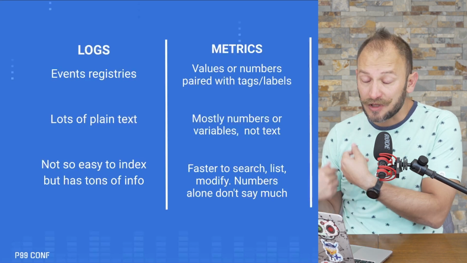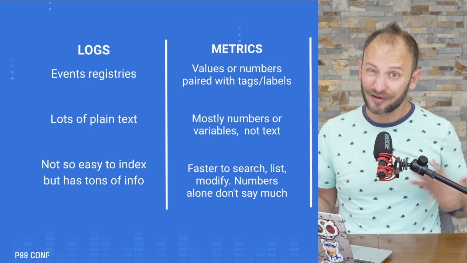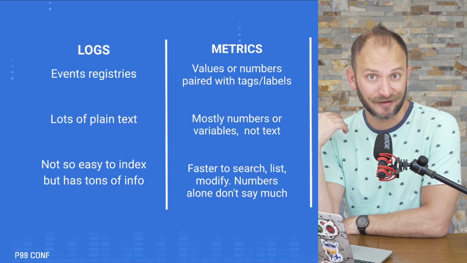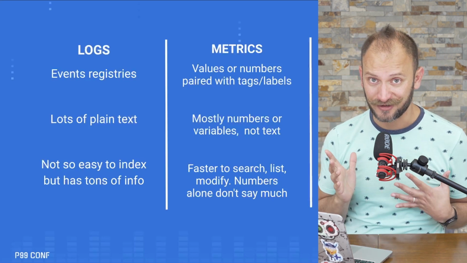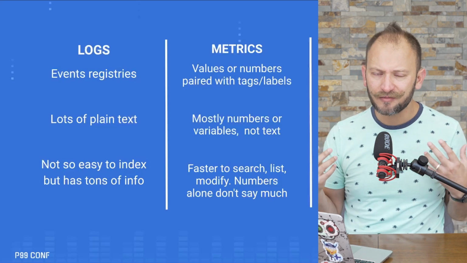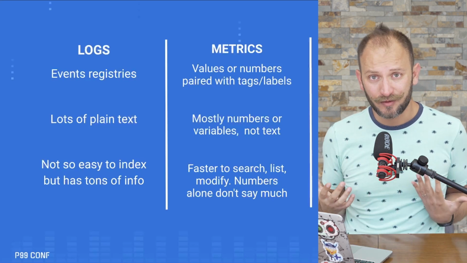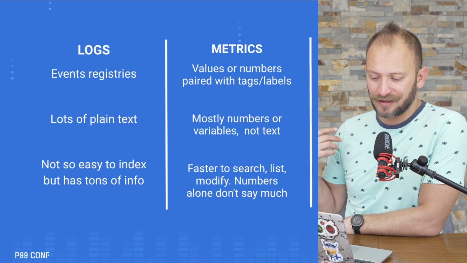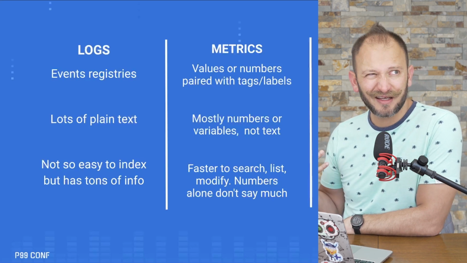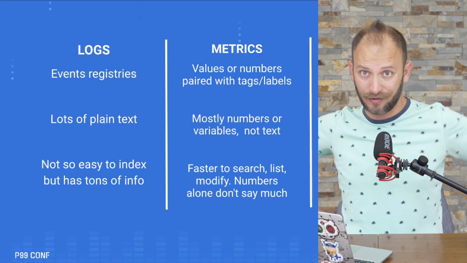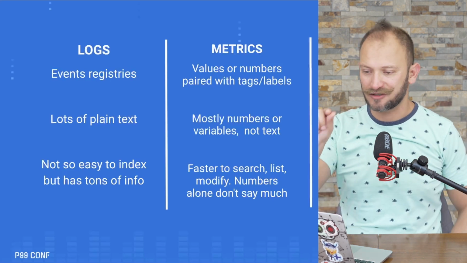We use text to label them, but the value generally is not text. We try to get away from that situation with the metrics. They are faster because you're just looking for numbers. They are kind of easier to index. You can, again, add these labels, and they are kind of more efficient to store than logs, because with logs you have lots of text, and with metrics, here's your number.